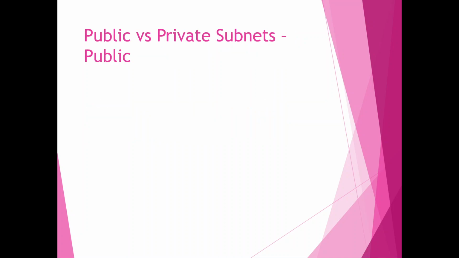Next, we'll see the difference between public versus private subnets. Subnets are usually divided into two categories, public subnet and private subnet. Public subnets are for resources that need direct internet connection, for example web servers and public application hosts. Public subnets have a route pointing to an internet gateway.